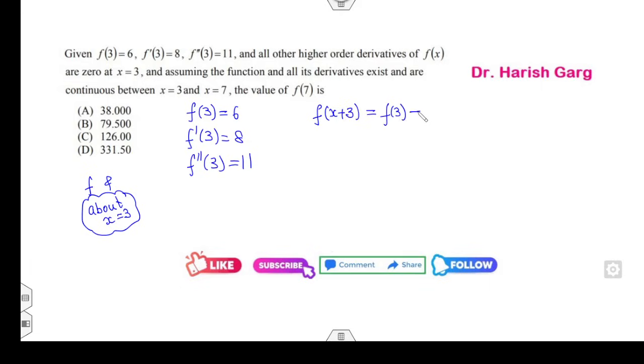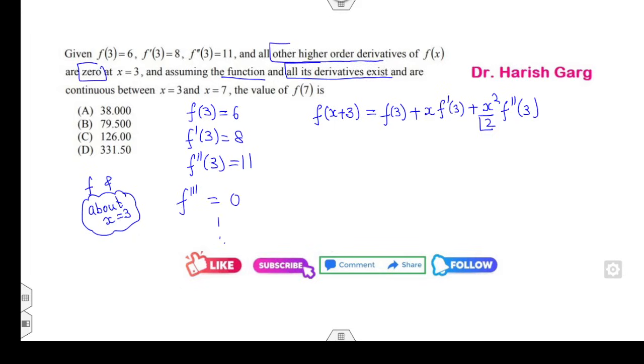F of 3, plus x f dash 3, plus x square by 2 factorial f double dash 3. Only up to double dash, assuming all the derivatives exist and are continuous. And all the higher order derivatives are 0, third derivative 0 and so on. Then your target is to find the value of f7. What can you substitute? I can substitute x is equal to 4.